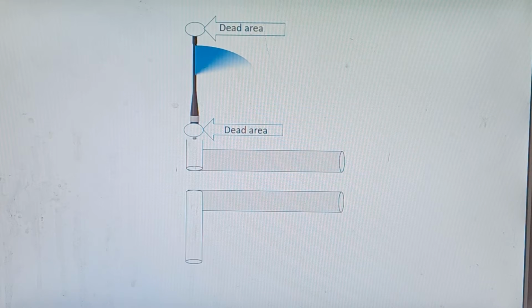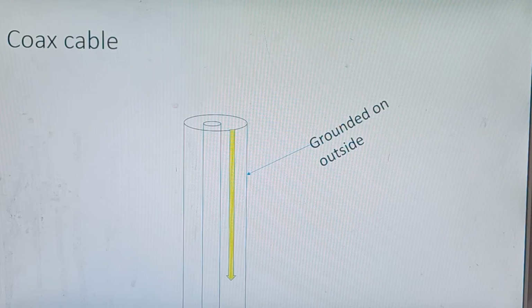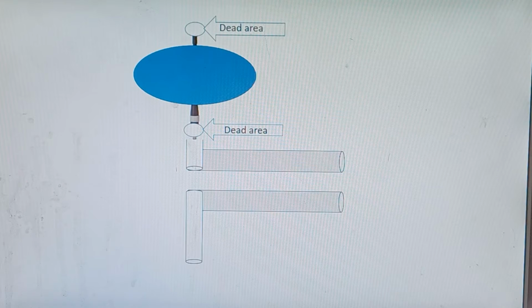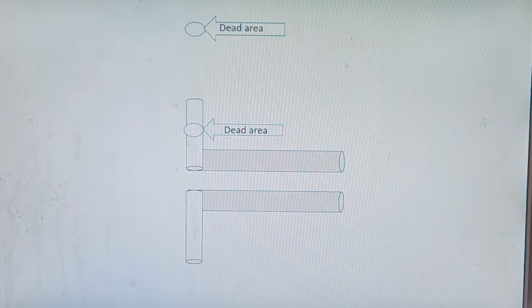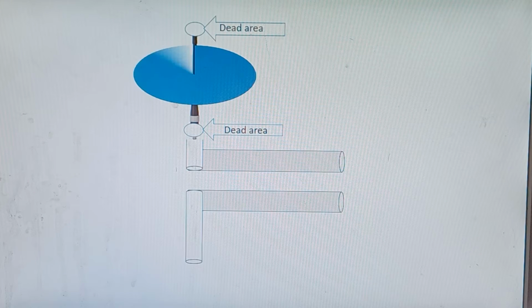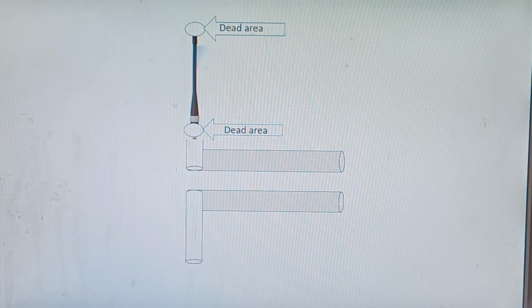So basic dipole. I'm going to go back here, I missed a slide there. So basic dipole antenna here, there is a little spot on the top where it's not going to radiate. It radiates around, and there's a little dead area on top.